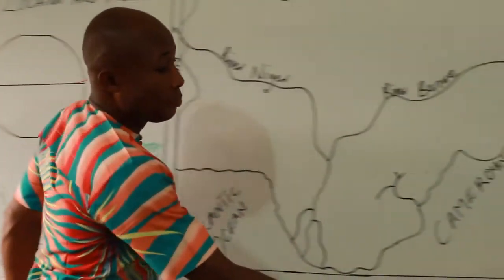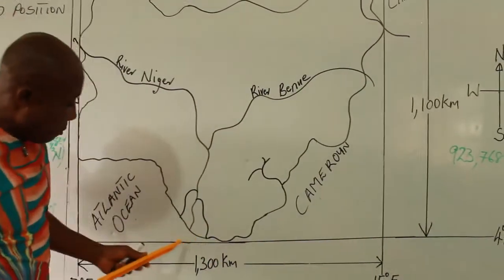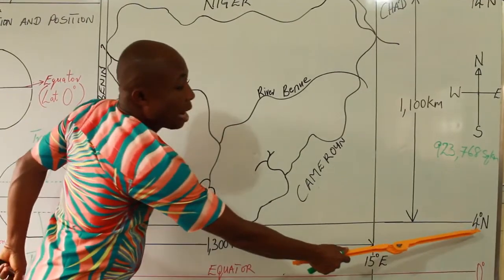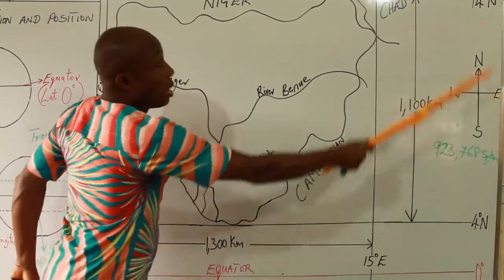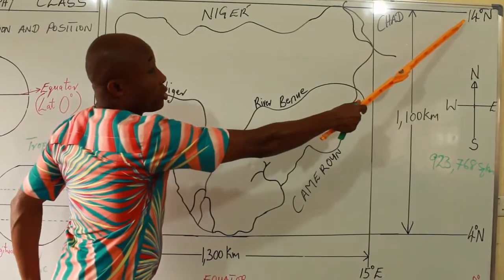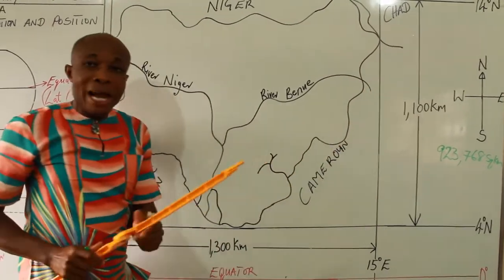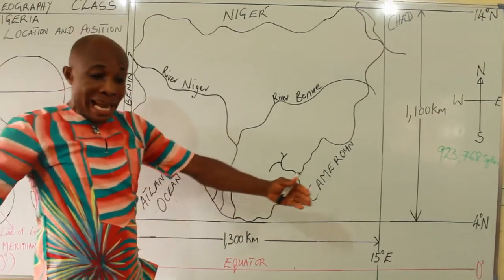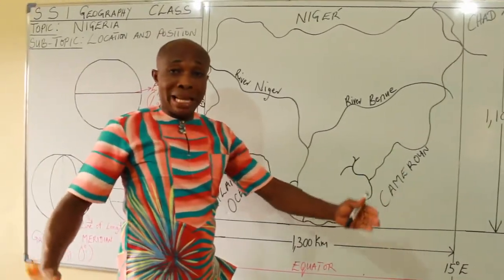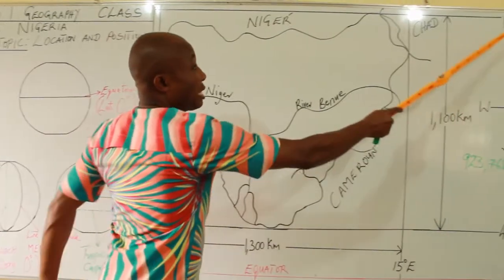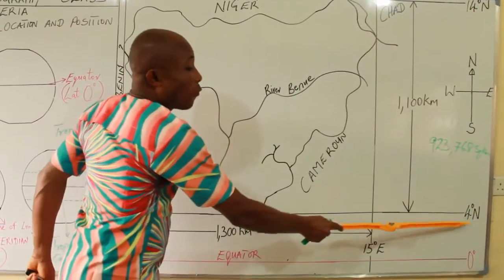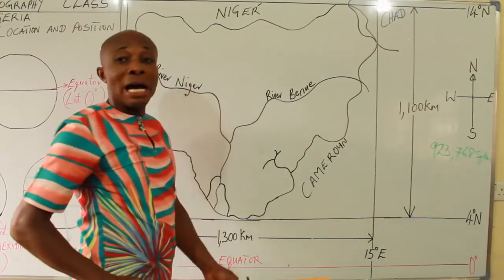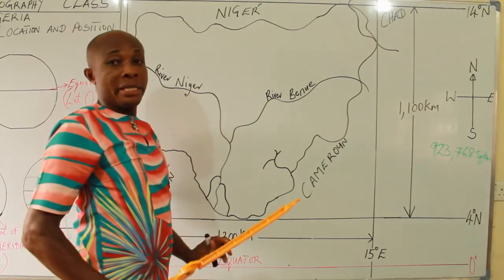Look at it here. You can see my line here. And you have 4 degrees north up to 14 degrees north. And if you want to find the latitudinal difference of Nigeria, that means the extent Nigeria occupies as a country, it's just for you to subtract 4 degrees from 14 degrees, and what you have will be 10 degrees.